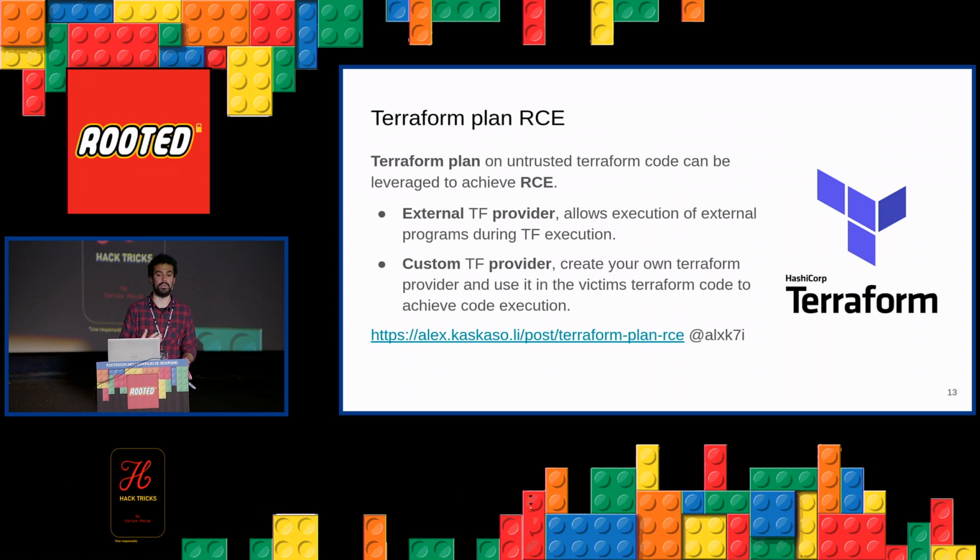So the provider will talk to an API which creates the resources, and therefore you can create your own, and it's just Golang code, so it could be malicious. If you call your own provider from the Terraform plan, you essentially have RCE because it's going to run your own Go code. I linked here a blog post from an ex-colleague which covers this in detail, and it's really interesting.